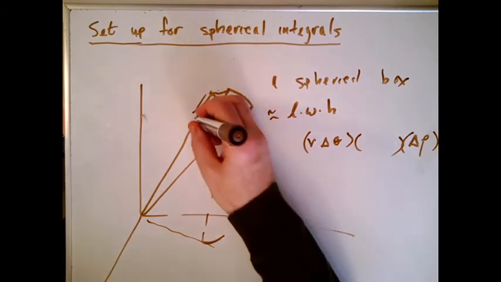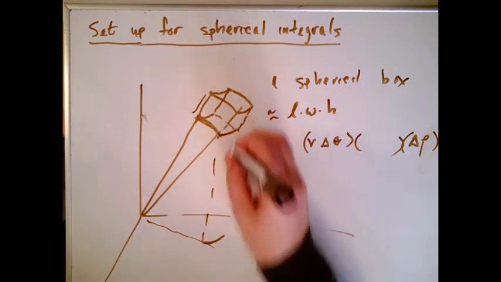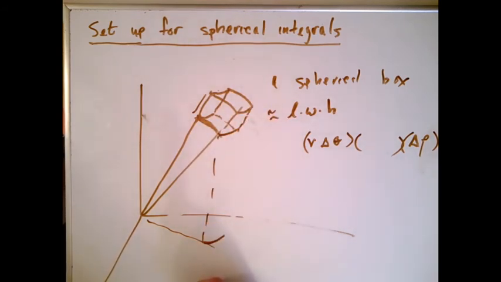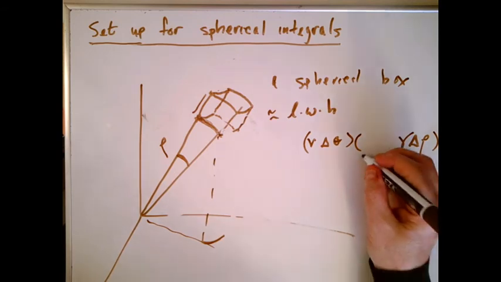If this was actually the unit sphere, that distance would be exactly equal to delta phi. But we want this distance, and since it's not the unit sphere, it's longer. This distance is going to be rho times longer than this distance. That's just actually the arc length formula.